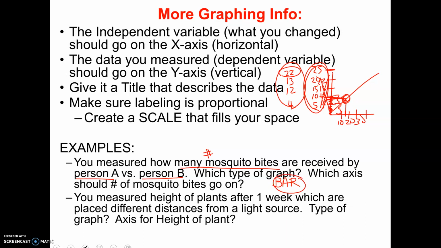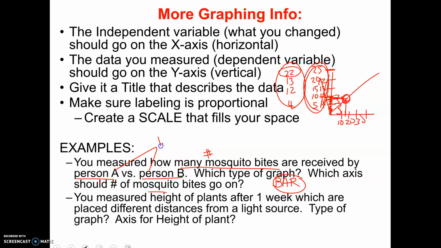Now, what axis should the number of mosquito bites go on? So remember, our other rule is that our independent variable, the thing that we are changing, that is our x. And our dependent variable, what we're measuring as our data, is going to be our y. So person A and person B, that's what we're manipulating. We are changing which person is going to be put in the room.